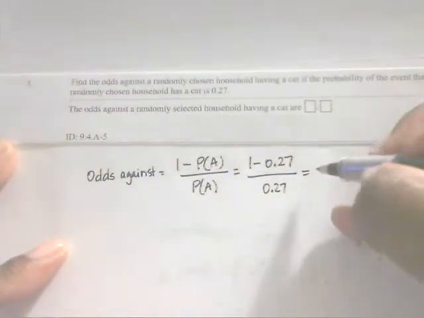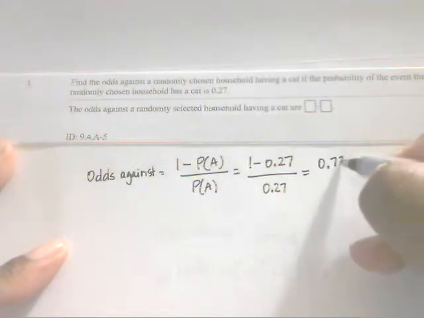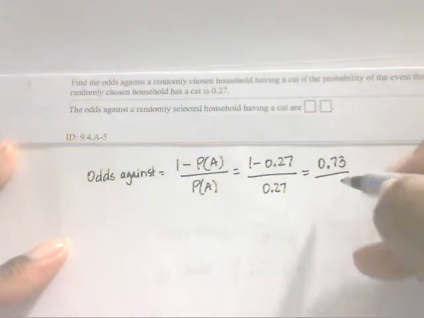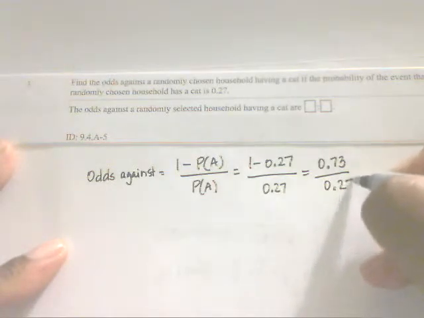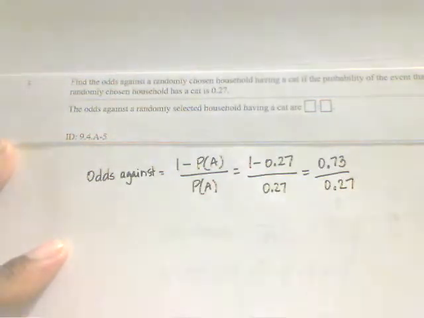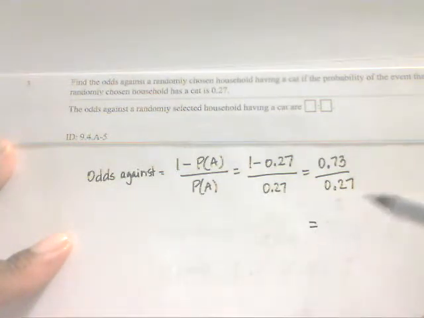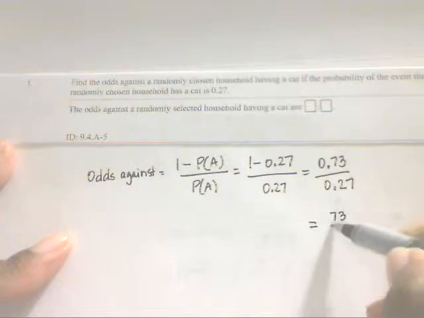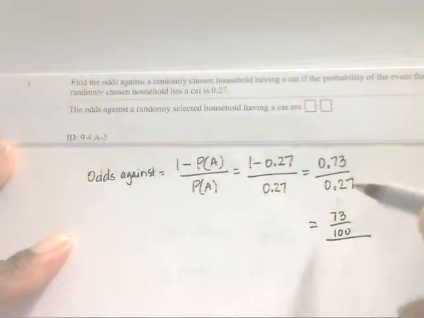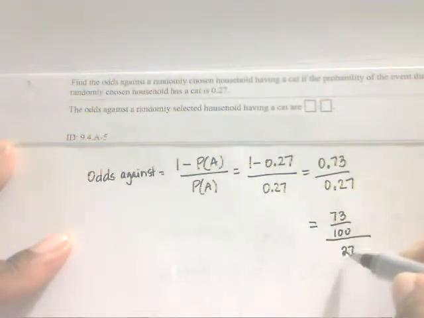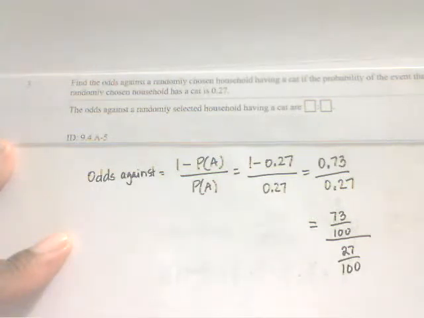So the numerator is going to be 0.73 when you do 1 minus 0.27. The denominator is 0.27. Now what I'm going to do here is convert 73 hundredths as a fraction, as 73 over 100. And 0.27, that's 27 over 100.